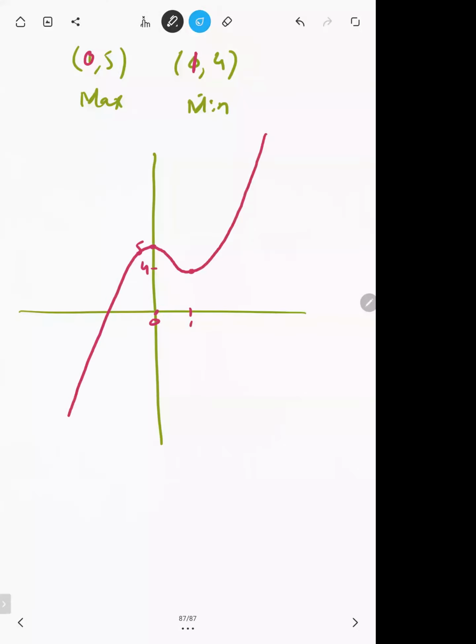See, this (0, 5) is the maximum and (1, 4) is the relative minimum. Sketch is not required, but you should know this.